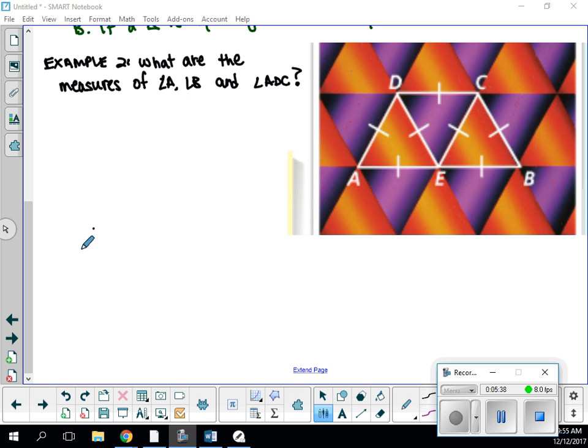So in this example, we're looking at the three white triangles, and we are asked to find the measures of angle A, angle B, and angle ABC. So what kind of triangles do we have here? Equilateral or equiangular, either one. So what do we know about all these angles?